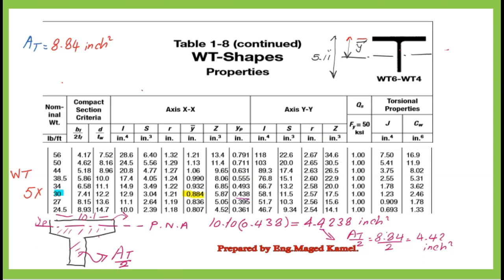Y sub B is the distance from the plastic point to the top of the flange for the WT section. If we multiply Y sub B by the flange width, we will have half of the area of the WT. We use the Y bar distance since we need the distance from the CG to the neutral axis.